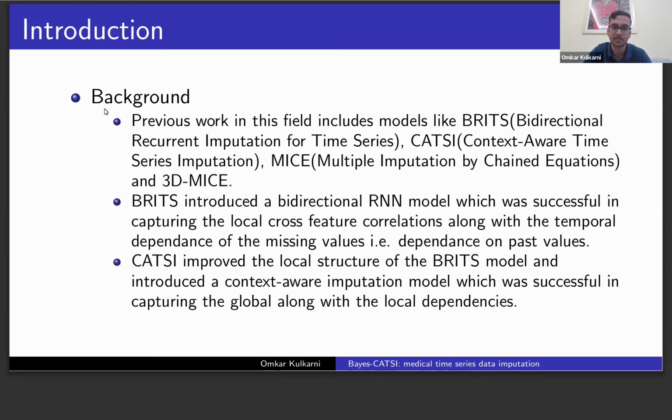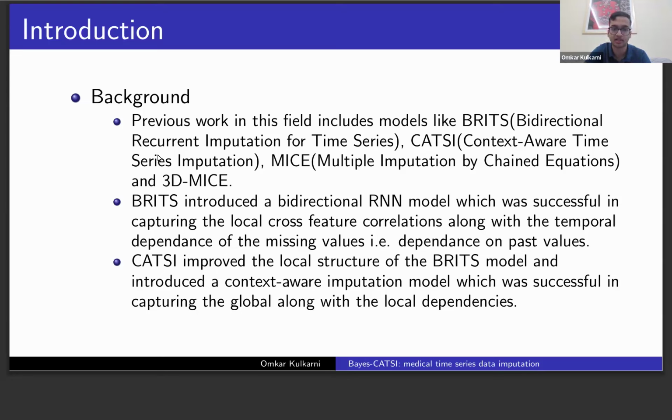BRITS introduced a bidirectional RNN model which was successful in capturing the local cross-feature correlations along with the temporal dependence of the missing values, that is, dependence on past values. But the flaw of BRITS was that it wasn't able to capture the global structure of a time series. So CATSI did exactly this.